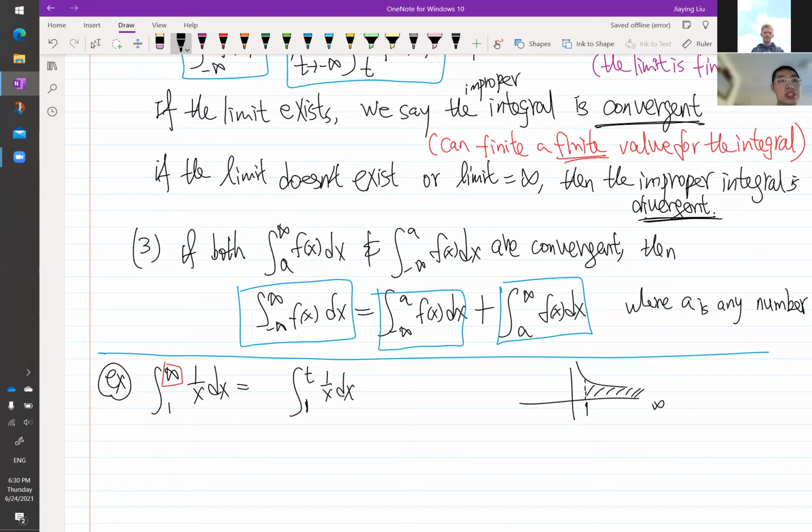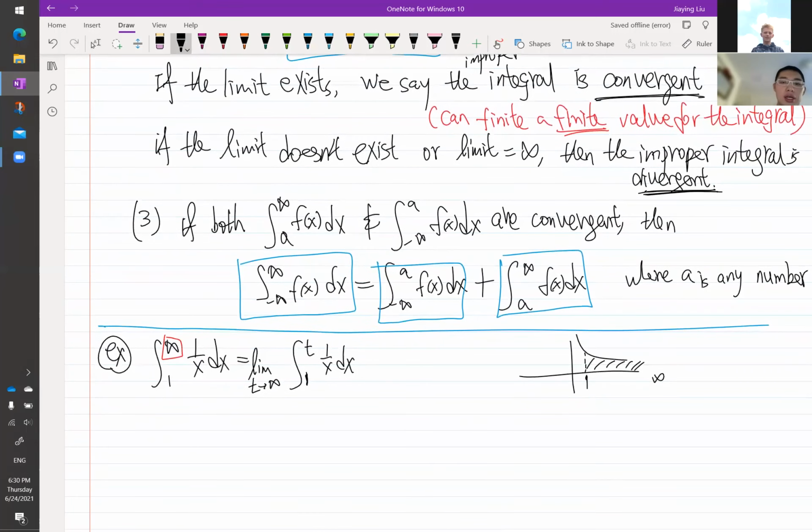But because we use t, we have to make sure that t goes to infinity to match the integral we have. So we add a limit, t goes to positive infinity.